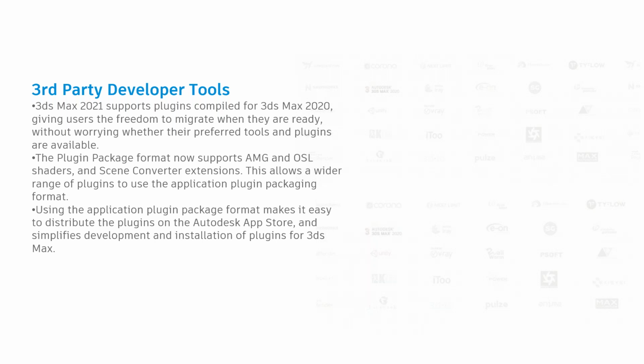Secondly, people develop a lot of plugins on top of their 3ds Max software, and with new releases those plugins sometimes are not compatible, but we have made sure that almost all the plugins are 100% compatible with the previous version of 3ds Max. The same is true for OSL shaders, and plugins like scene converters have been added so that you can immediately migrate from your previous version setups to the new version setups.